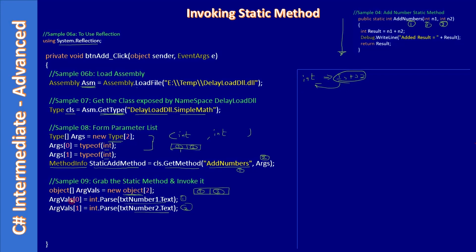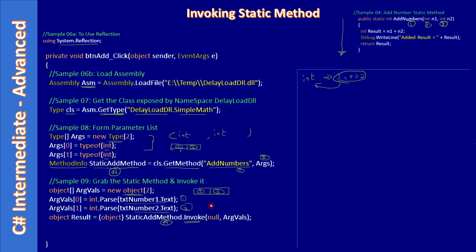Alright, here we filled our object array. Now it's time to make a call to the method. We already retrieved the method info by passing the method name and the correct parameter list, correct in the sense of correct type and in correct order. This is a static method, and we use it to make a call to invoke.